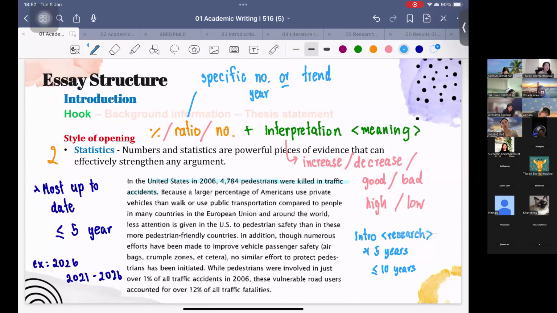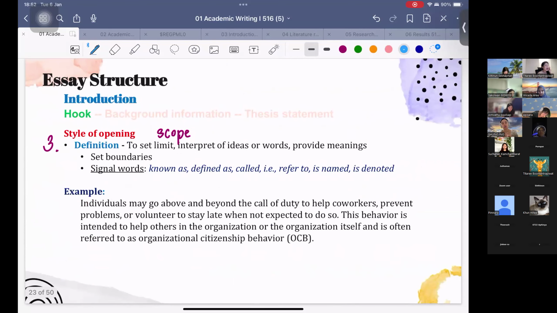And then moving on. The next way to start your introduction is to start off your intro by stating the definition of the subject, of the topic.